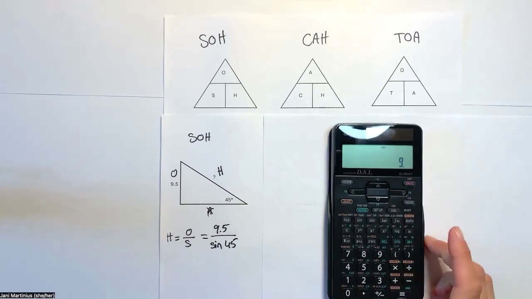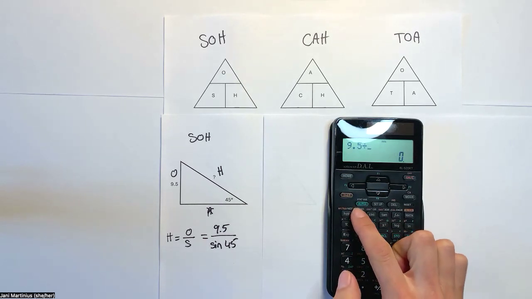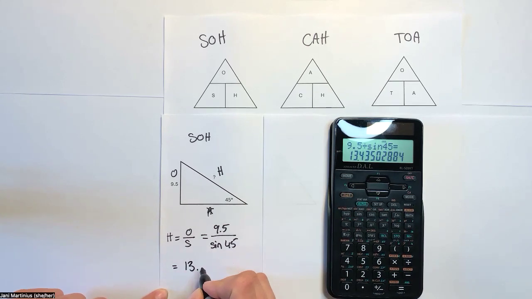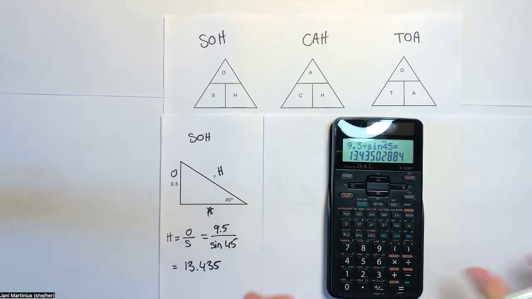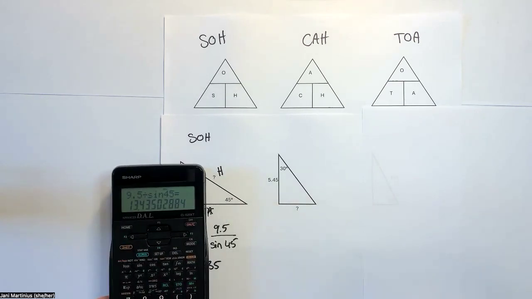So 9.5 divided by sine, find that button again, 45. And that should give us the length of the hypotenuse, 13.435. There we go. First one solved. Hooray. Okay, let me move that over so we can get to the next one.